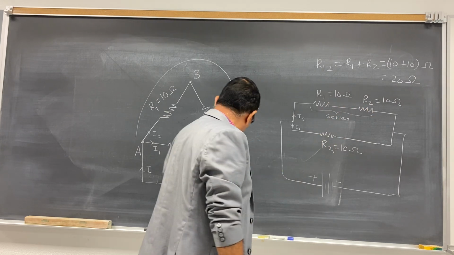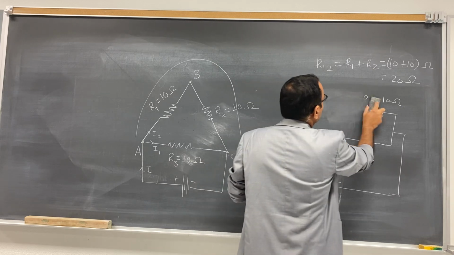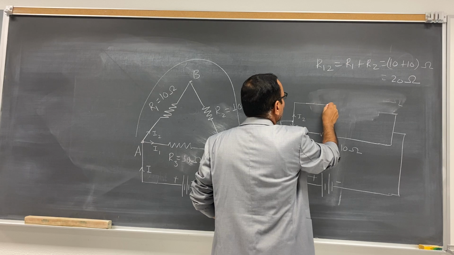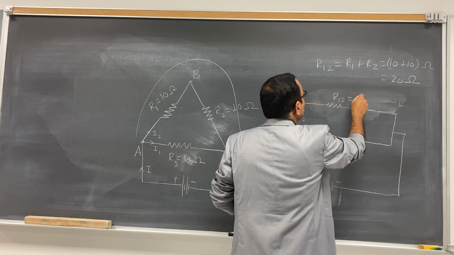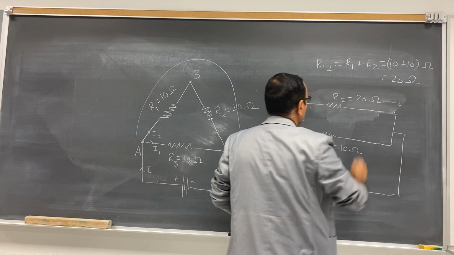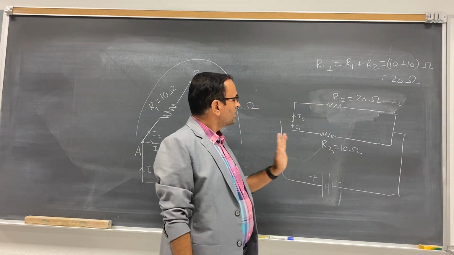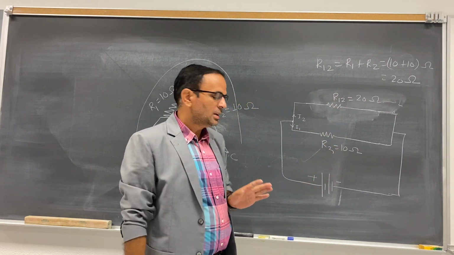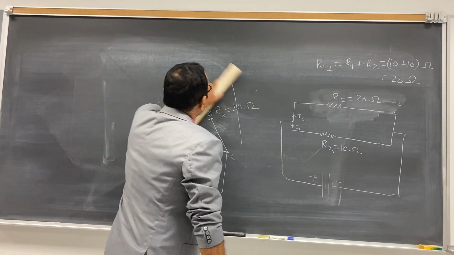Now you can replace R1 and R2 by R12. You can draw another circuit, the other one. This is now R12, which is 20 ohm. Now look at this: R12 and R3, there is a division of current. That means R12 and R3 are in parallel. If they are in parallel, how do you get the total?